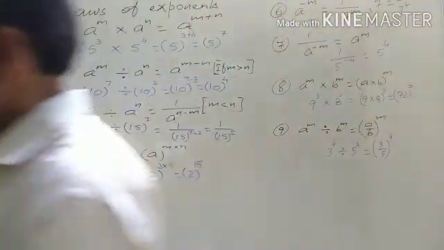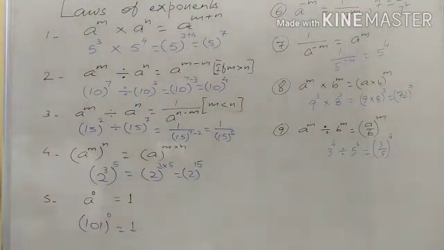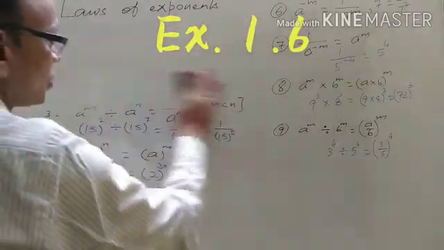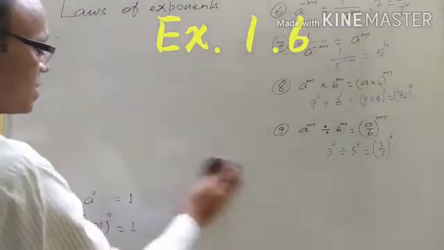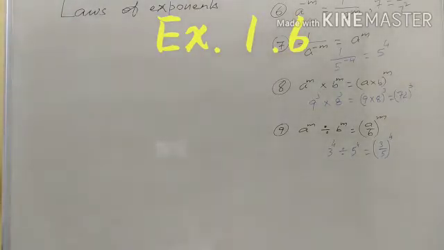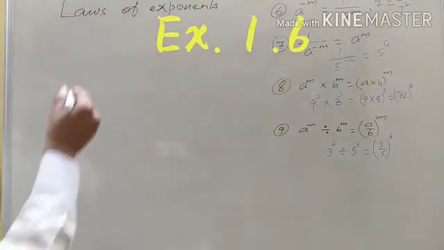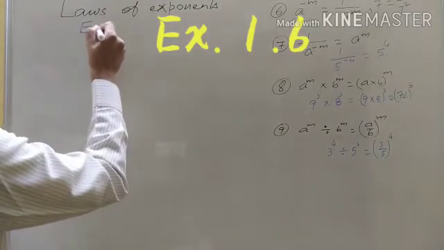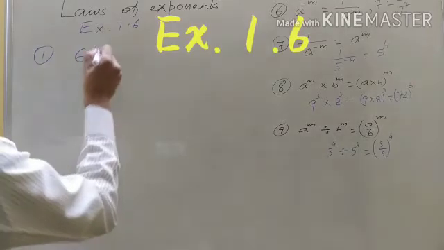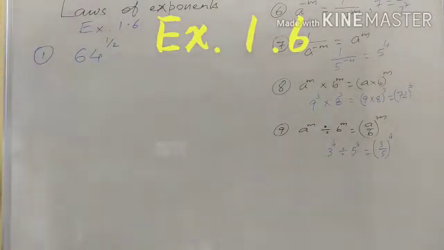These are the laws of exponents, and using the laws of exponents we can solve the questions given in your NCERT book, exercise 1.6. In exercise 1.6, the very first question is 64 to the power 1 by 2.